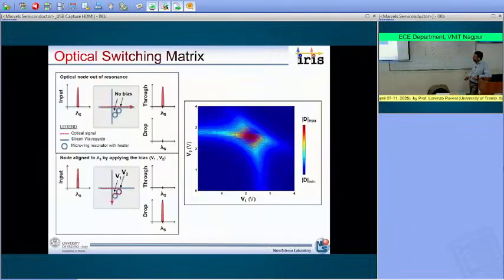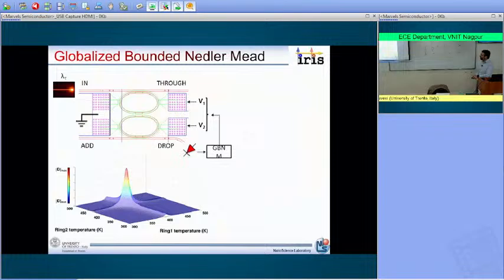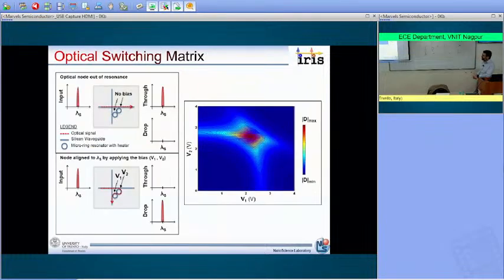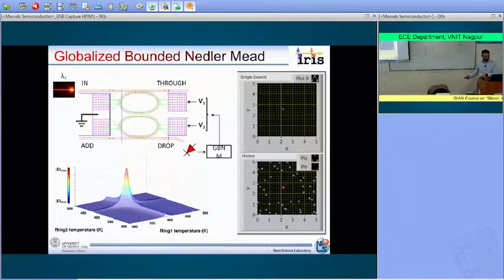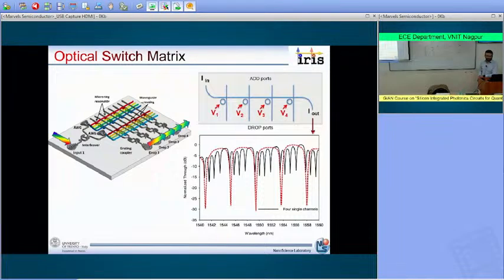So the other issue is how do we optimize the single microring resonator spectral position.